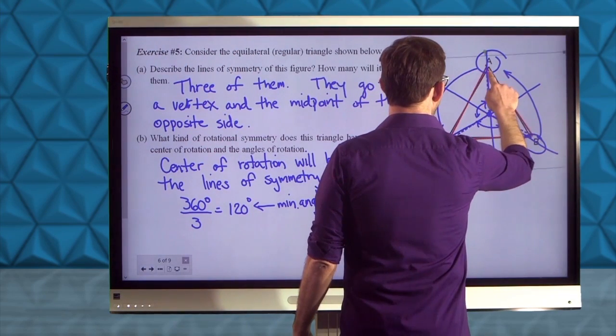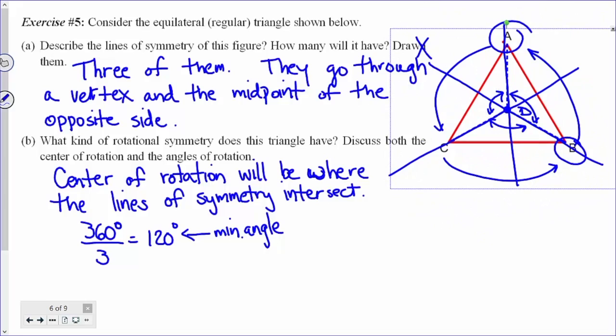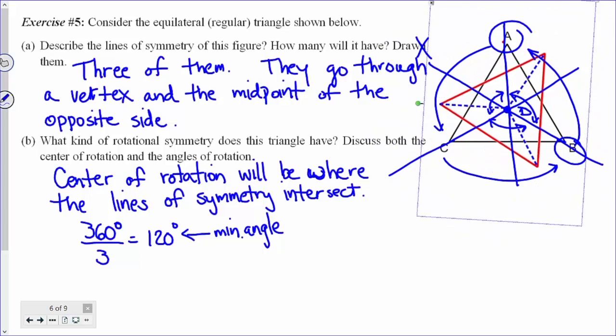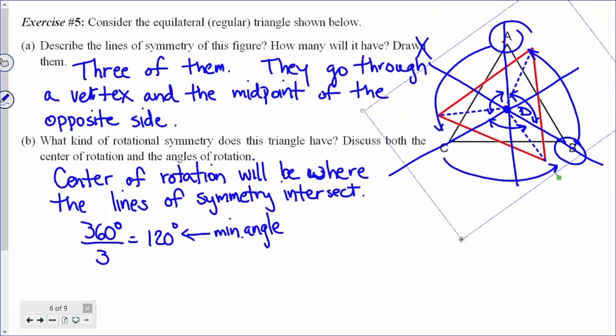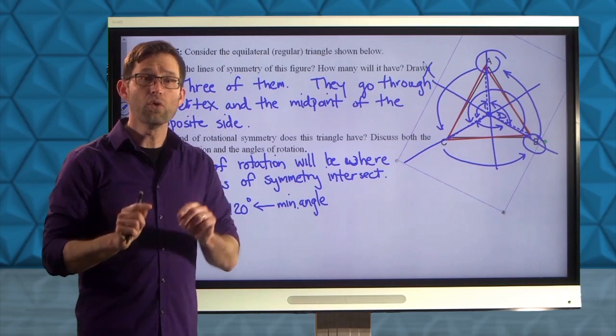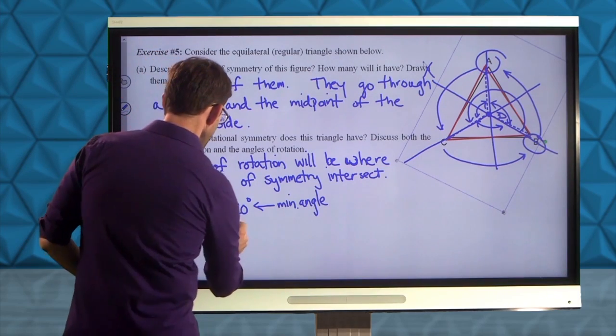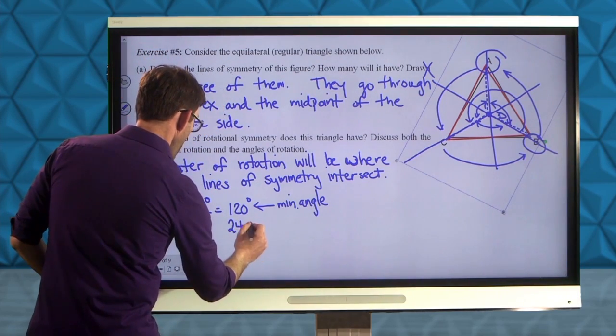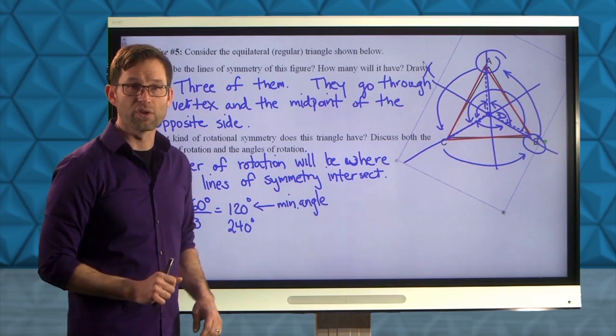Because, let me bring this back, I could rotate point B past point A all the way to point C. And that would be this rotation. That rotation, of course, being 2 of the 120s, so also a 240 degree rotation.